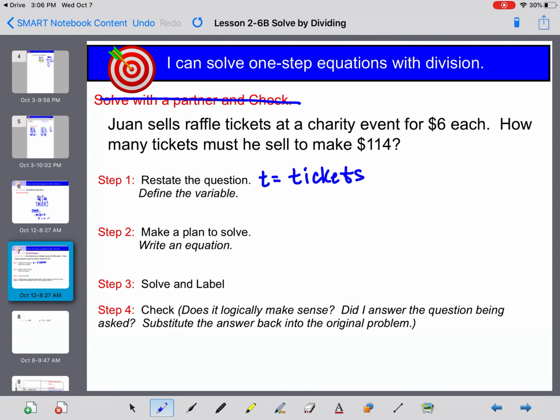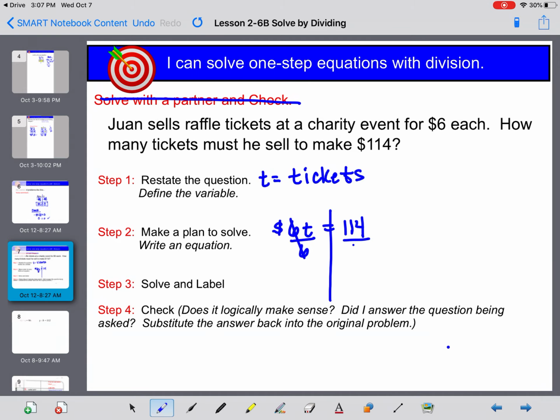Now I need to make a plan to solve. That's my equation. Well, let me see. If he gets $6 per ticket, how many tickets will it take for him to earn $114? So then, now I'm ready to go to step 3.